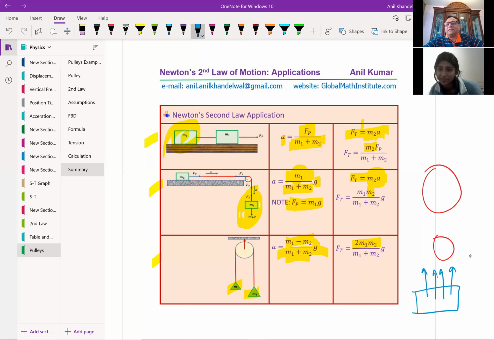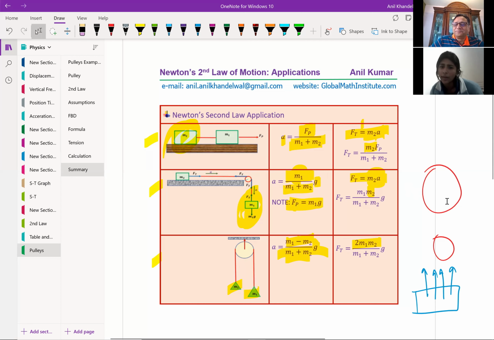So that's it. And next time, in the next class, we'll introduce to you the coefficient of friction. So in all these examples, we are avoiding friction, right? Friction is an additional force which is acting in the opposite direction, just as we are having tension in this particular case. We'll add friction to it, and then we'll do questions related to your next topic, which relates to coefficient of friction. Is that interesting? Yes, it definitely is.